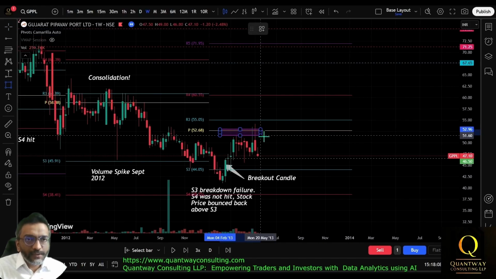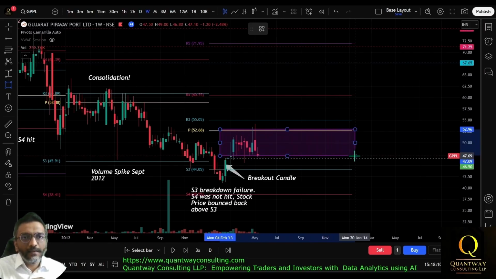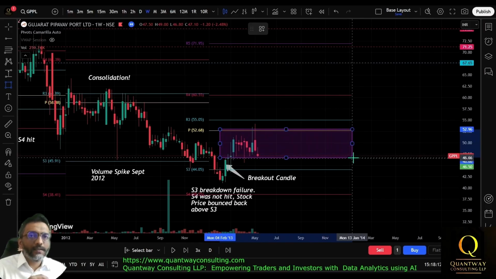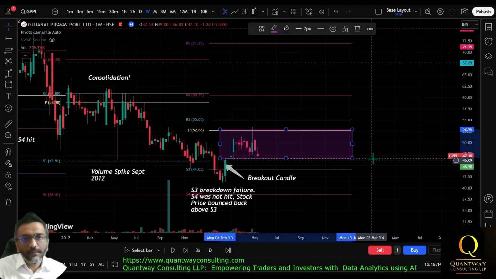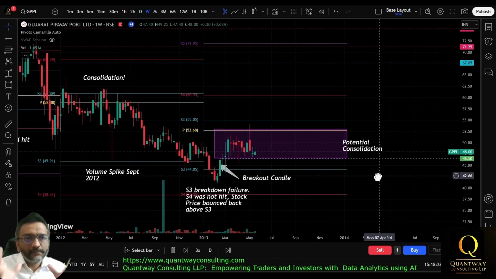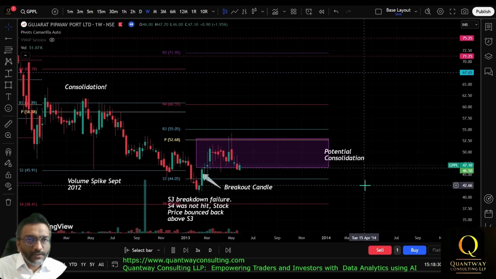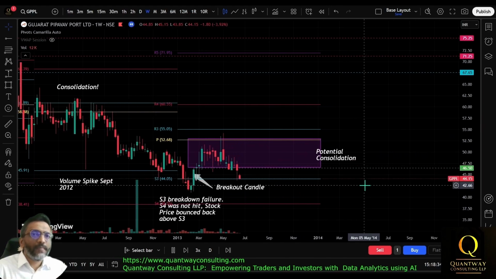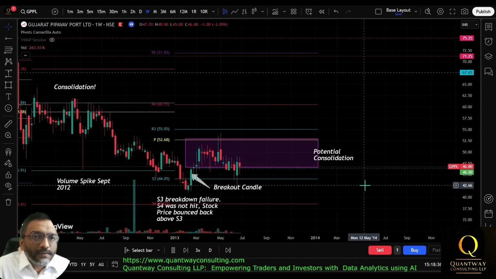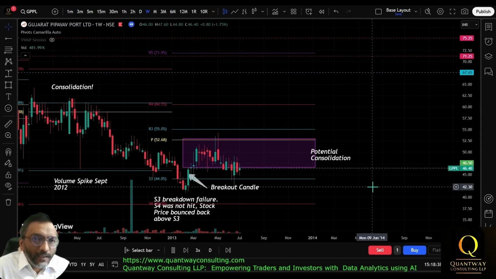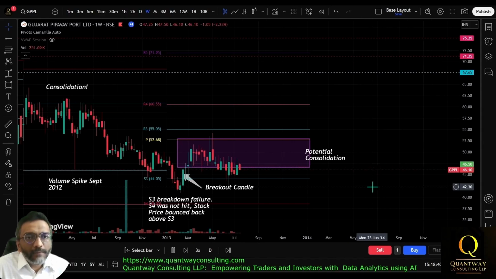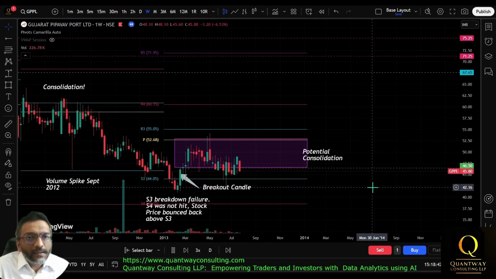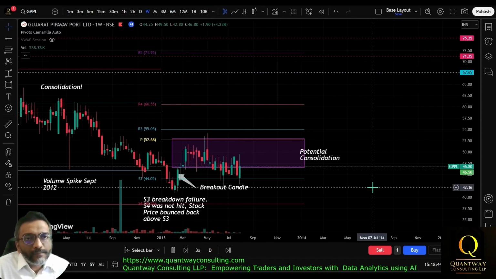So we are choosing the pivot as the high, and the low point will be the breakout candle's high level. This is our estimation for the potential consolidation, and let's see what exactly evolves now. Now there is consolidation at the lower end of the bracket, that is the rectangle.